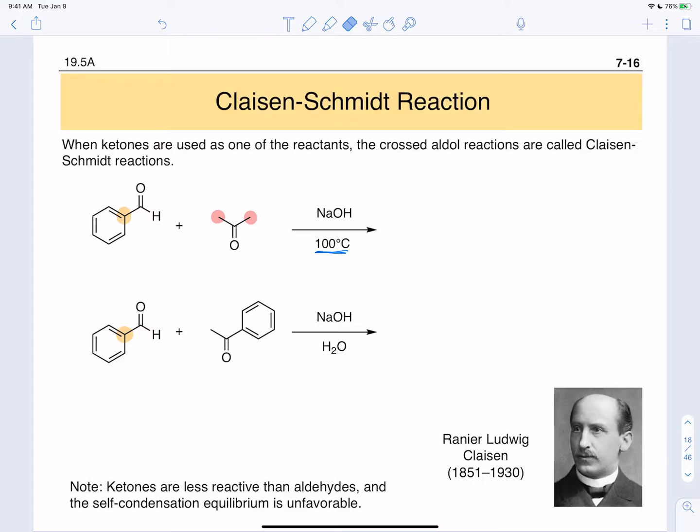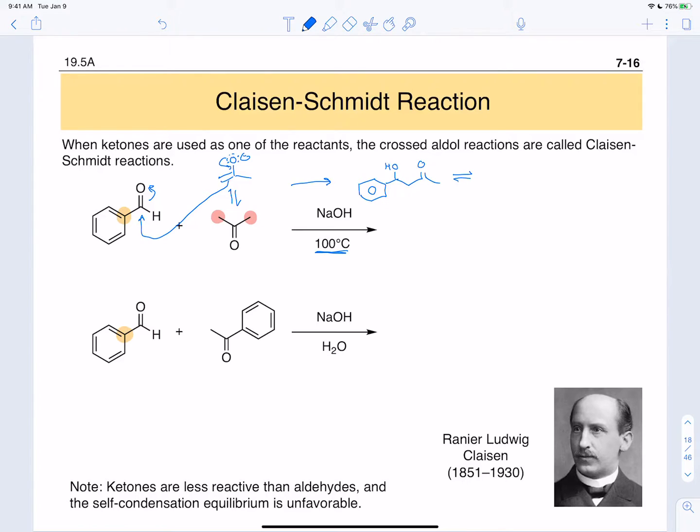So once again, this would go through first making the acetone enolate. This will go to react here. After it adds into the aldehyde with a proton transfer, we're going to get a hydroxy ketone out.